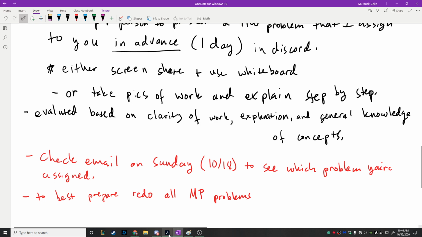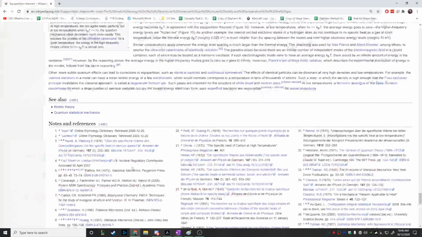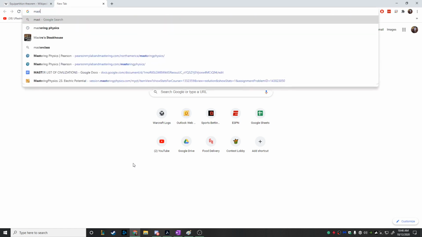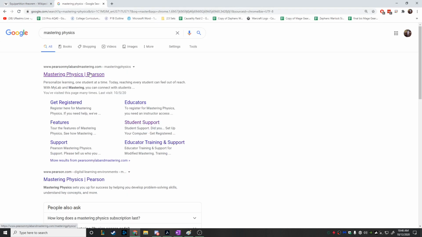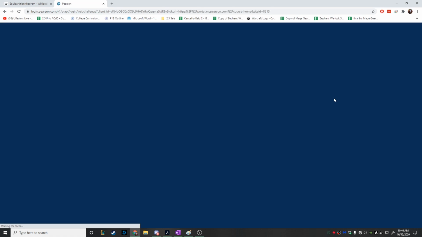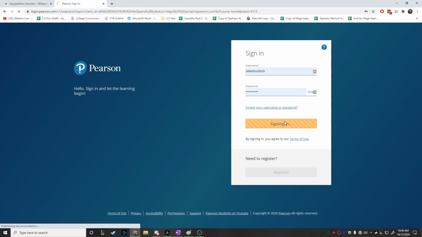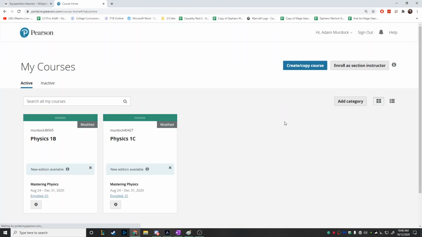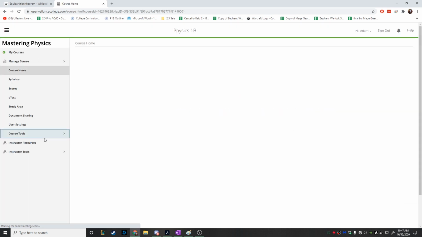An example together. So I'll go to the mastering physics and pull a problem up. Some of these 1B problems are really easy. I wonder if 10 minutes is going to be too much time.